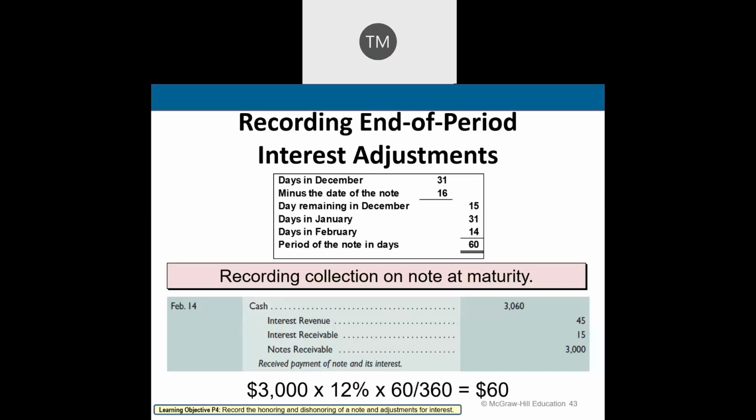So the person is paying you back the cash of $3,060. Yeah. So I charged interest. The face value is $3,000. So I'm receiving the face value plus the interest. That's why we would debit cash $3,060, because we're receiving both interest and the face value back.